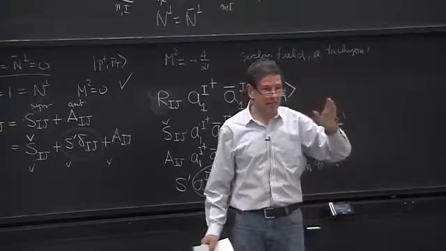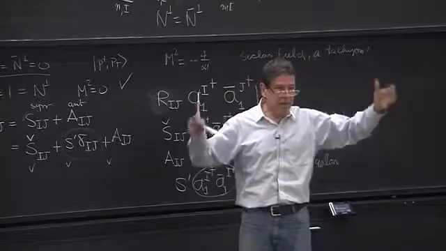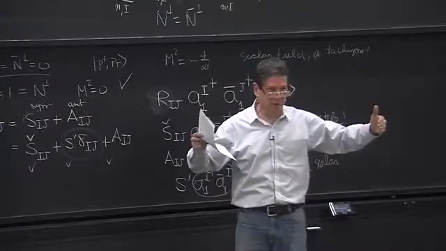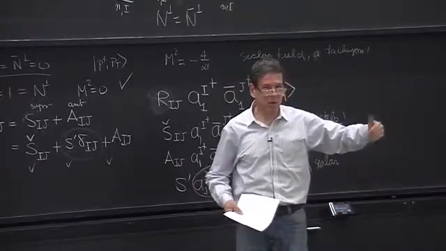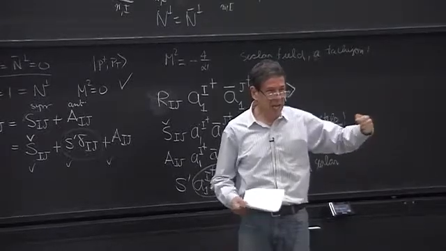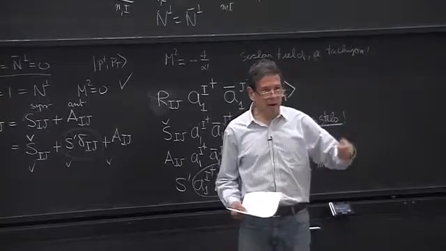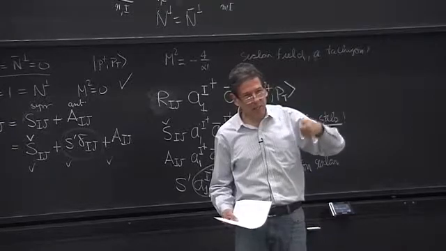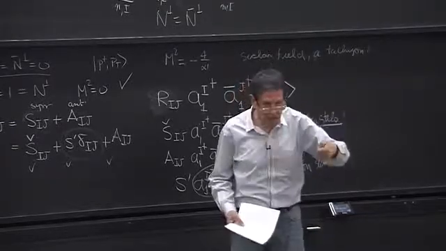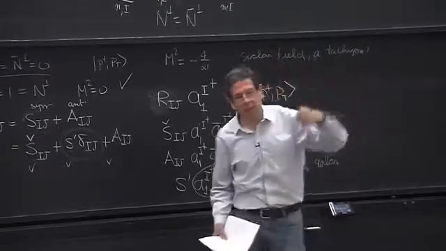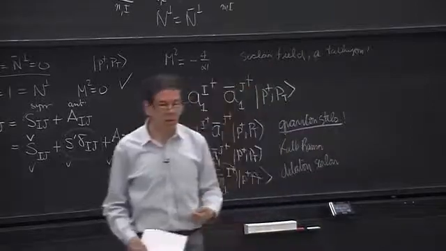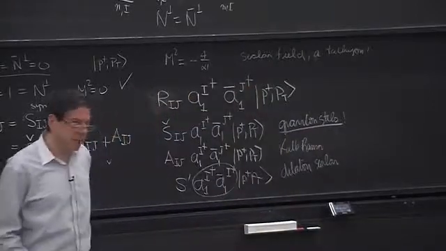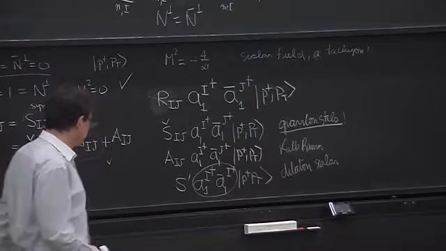You see, a massive vector has d minus 1 components. You probably have done that in the homework when you did the massive vector. All massive particles are representations of SO(d minus 1), while massless are representations of SO(d minus 2). So that's the difference.